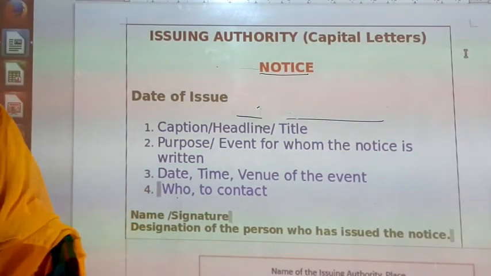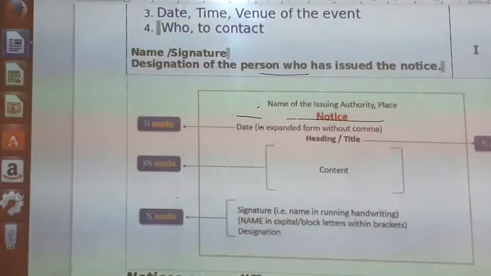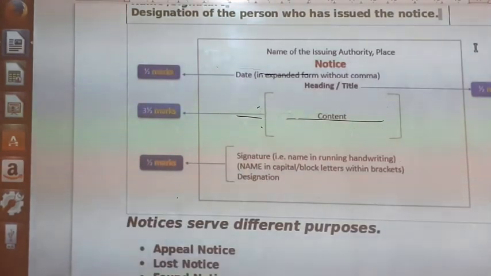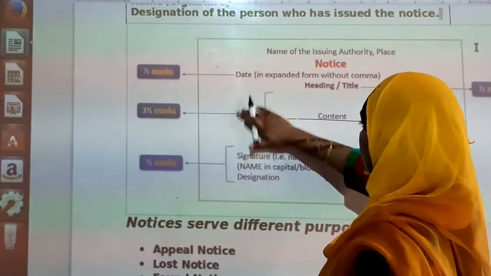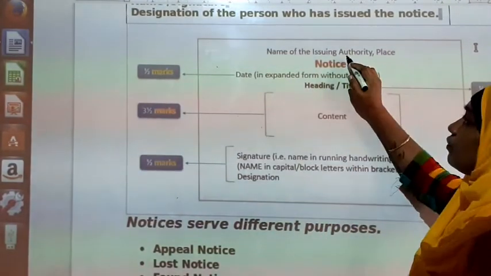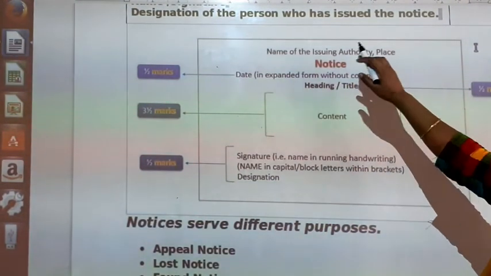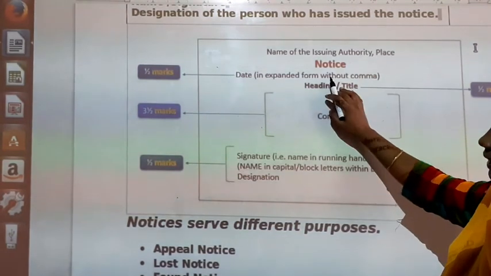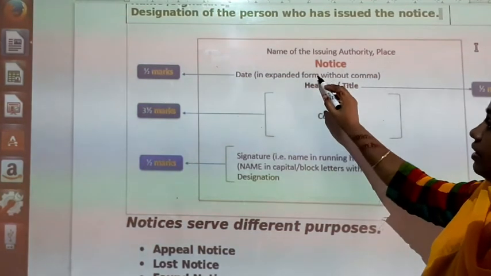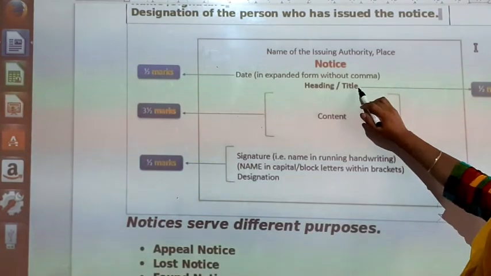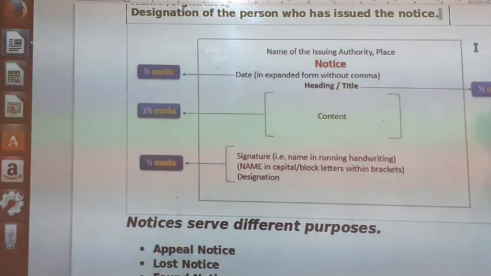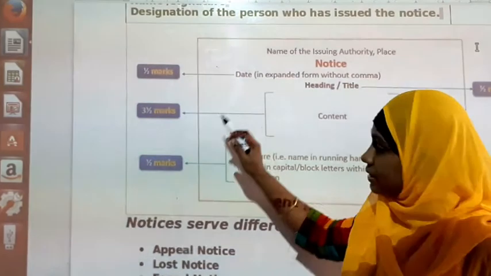Now the next one, see here how marks will be given to you. The name of the issuing authority you will write on the top in block letters. Next, notice, and the date in expanded form without a comma. The heading or title will carry half a mark, and the date will be half a mark.